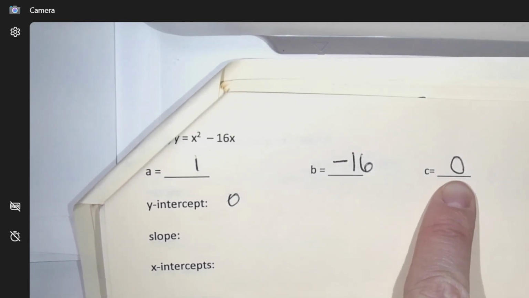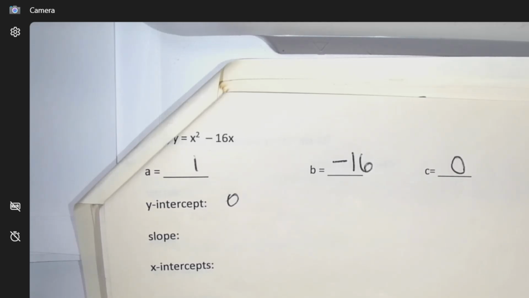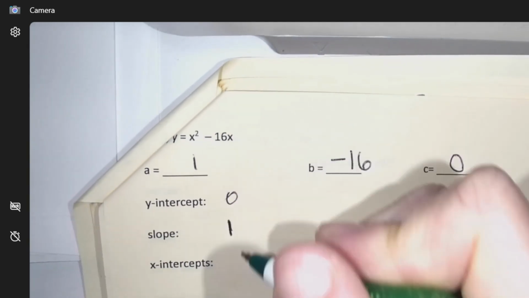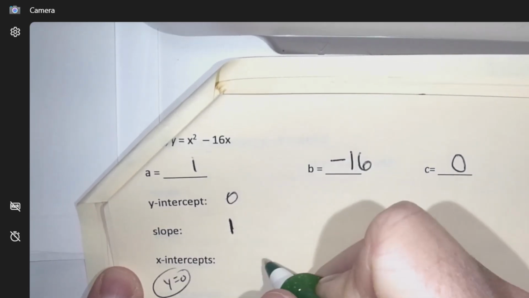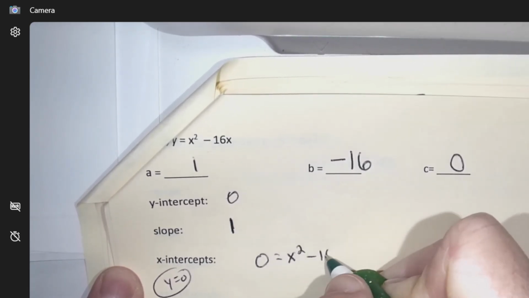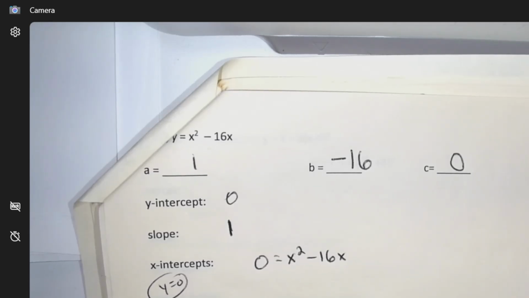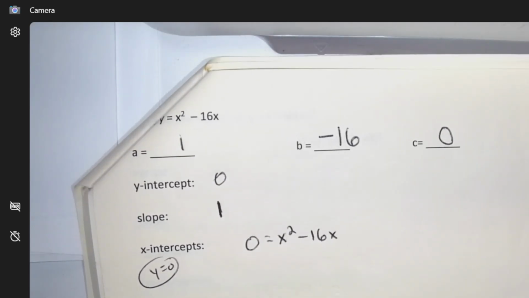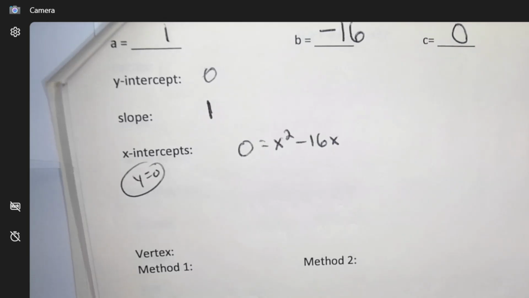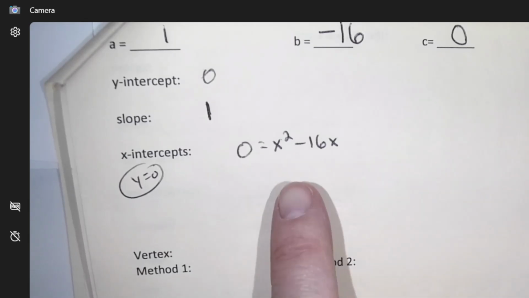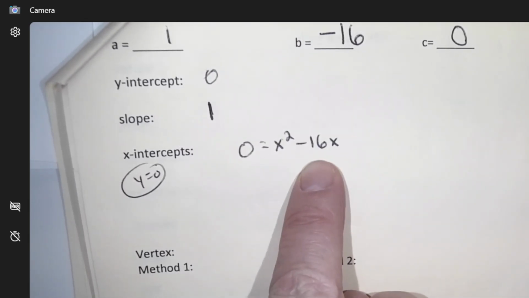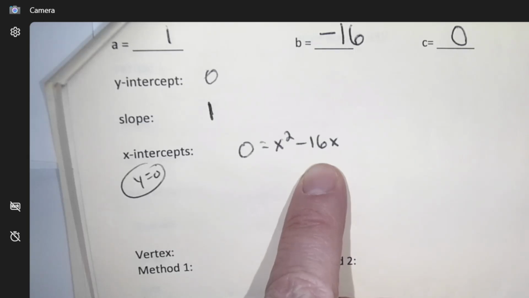It's also just whatever the constant is. So the slope is 1. The x-intercepts: again, you cannot use basic algebra here because you can't group those together at all. You can't put x squareds and x's together.